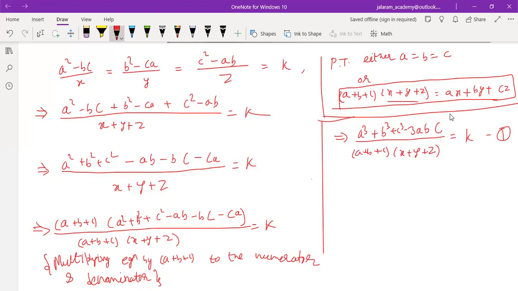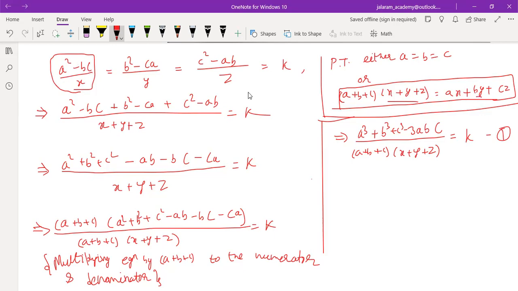So what should we do now? How to bring ax? If you multiply the numerator and denominator of the first ratio, a square minus bc, with a, the denominator becomes ax, which we have to bring, and the numerator becomes a cube minus abc.